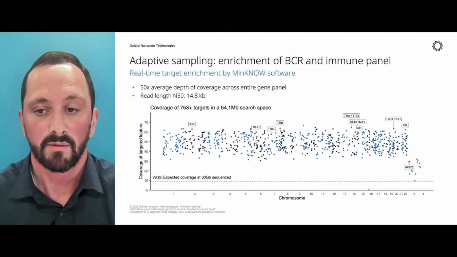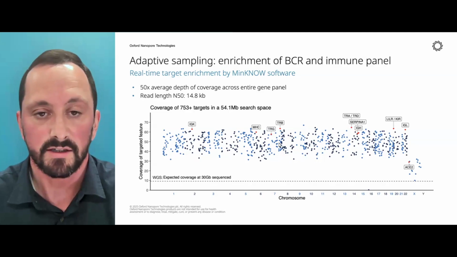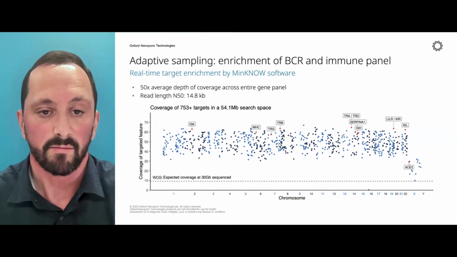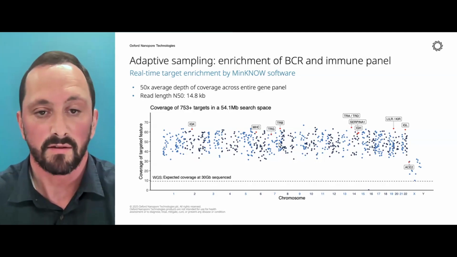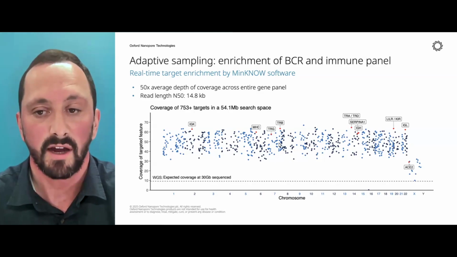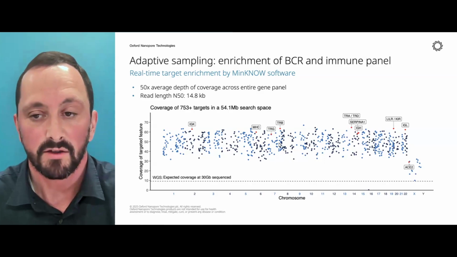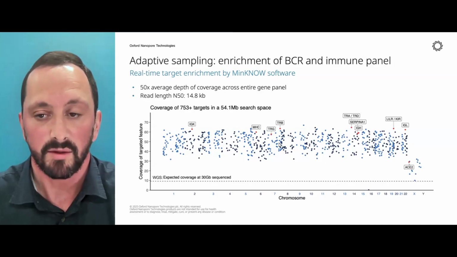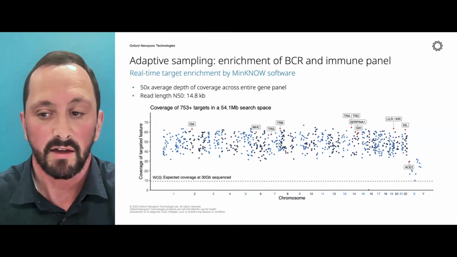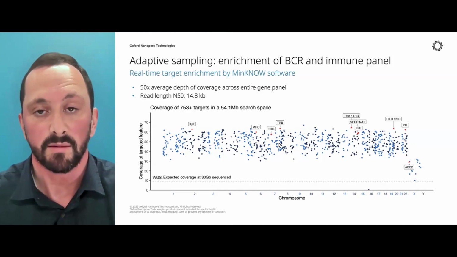So we can look at all the variants within these genes. You can see that using the adaptive sampling workflow, we get around 50x coverage average for all of these targets on a single flow cell. So that's really nice. And the Ig immunoglobulin loci were even higher than that. So we can take those into our assembly workflow as well.